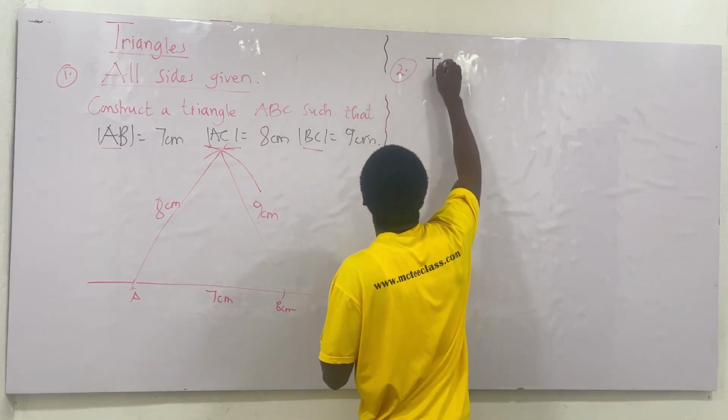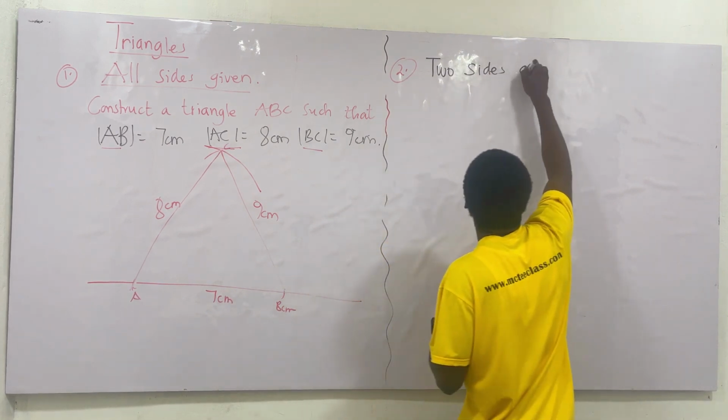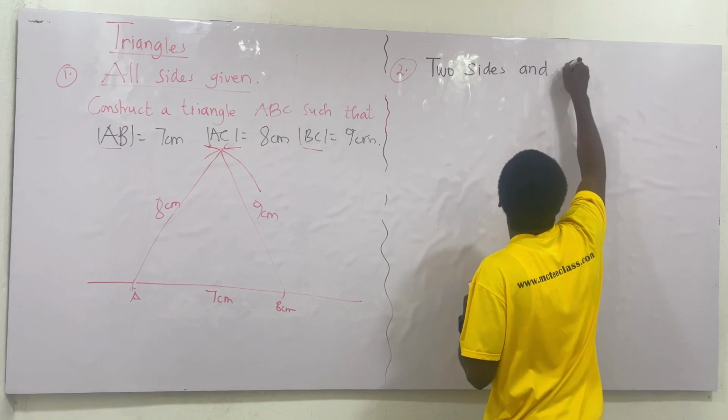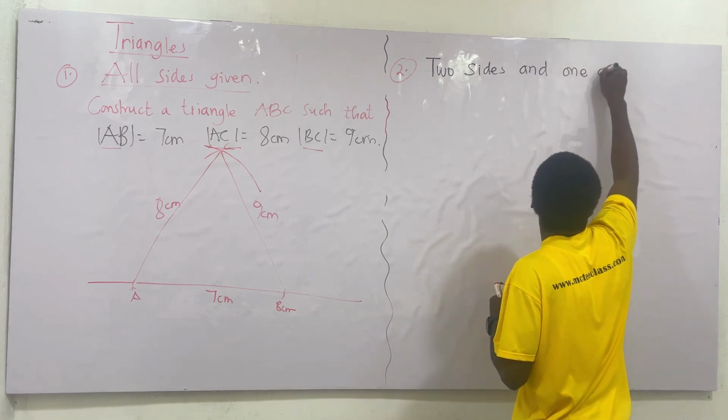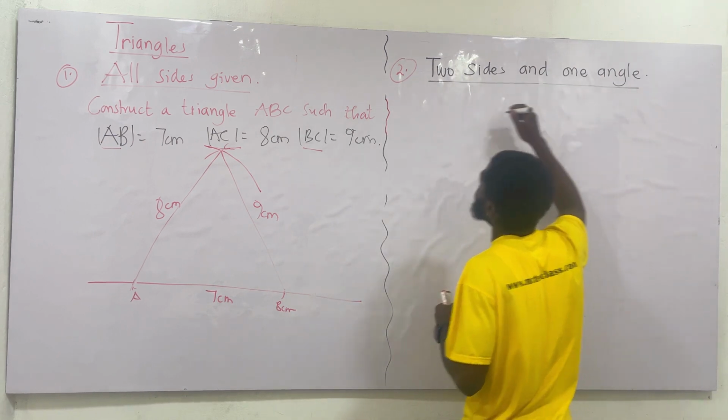So 2 sides and 1 angle. So let's see. 2 sides and angle.